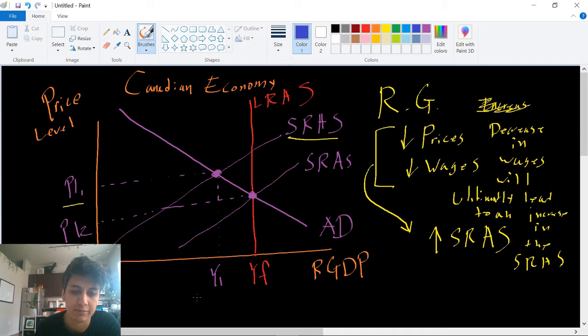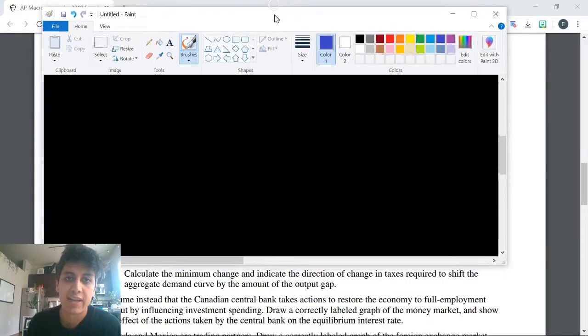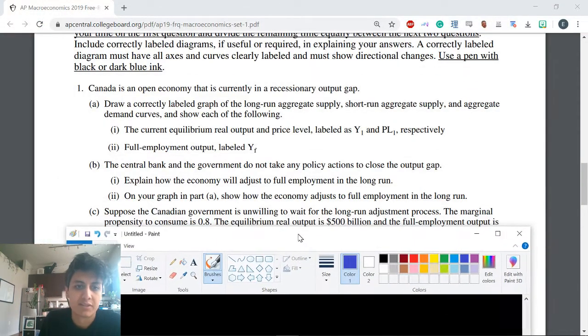So it's saying this is 500, right? Our Y1, where we currently are, is 500. It's saying YF, where we should be, our potential, is 540, which means we have a gap of 40 million. Let's see if I can scroll down and start anew. Sweet. So our gap is 40 million. Let's read on.